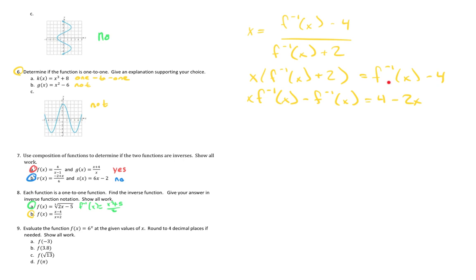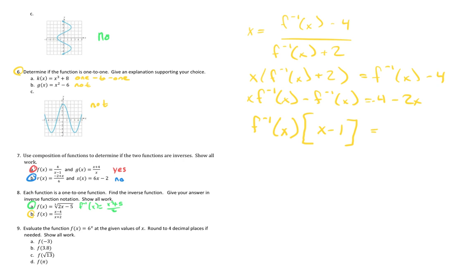Again, I just subtracted this to this side, and then I took this and subtracted it to that side. Next, because both these have an f inverse in common, I'm going to factor it out. So I get to write it like this. This is all times x minus 1 equals, oh, sorry, I just realized this is supposed to be negative here.